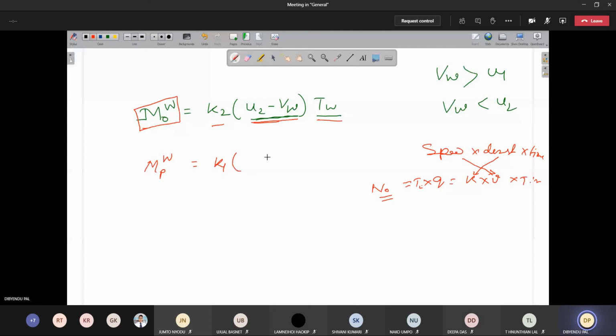The relative speed will be BW minus U1, multiplied by TW. Here I have taken this reverse because BW is more than U1, otherwise it would be negative speed. The speed of the test vehicle was higher than the speed of the stream U1, so that's why they have crossed. It has crossed this many vehicles.